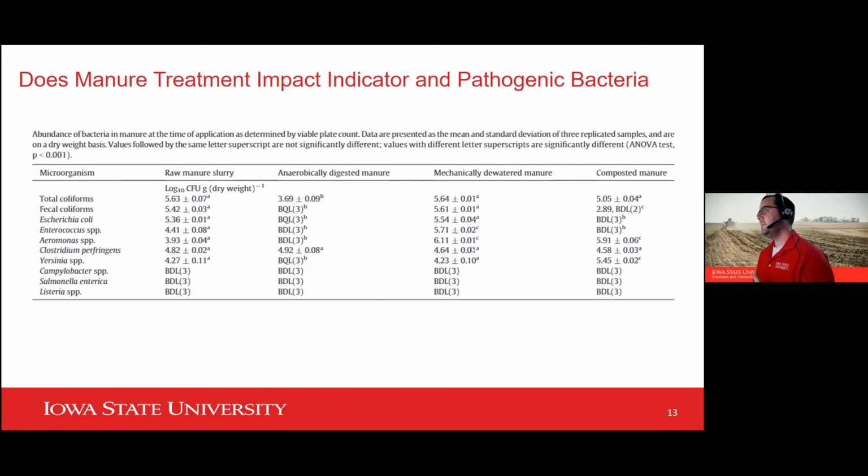With dewatering, there tended to not be much of a change. Potentially lots of reasons for that, right? The biggest one being most of the time when we're dewatering, it's just a partitioning or separation sort of system. And depending on how effective your system is, some of those pathogens or bacteria could be ending up with the solids, right? So if we're spinning it hard enough in a centrifuge, we can capture those solids.